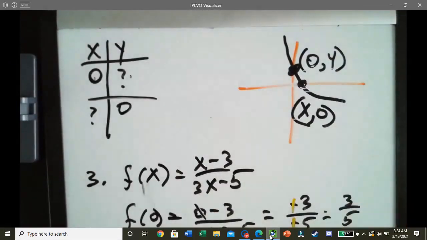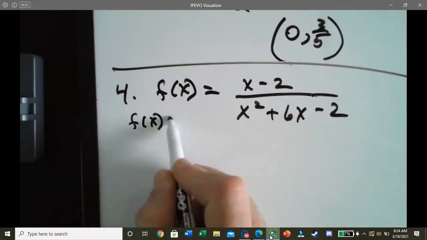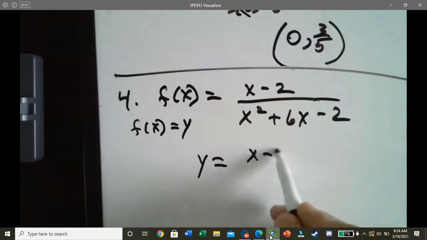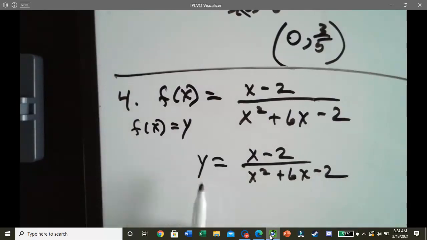So what are we putting 0 for this time? Where the y is, right? Well, y is equivalent to f of x, right? F of x and y are the same. So if we said y equals 2x minus 2 over x squared plus 6x minus 2, it means the same thing, right? So we take the y away, we put 0 there.